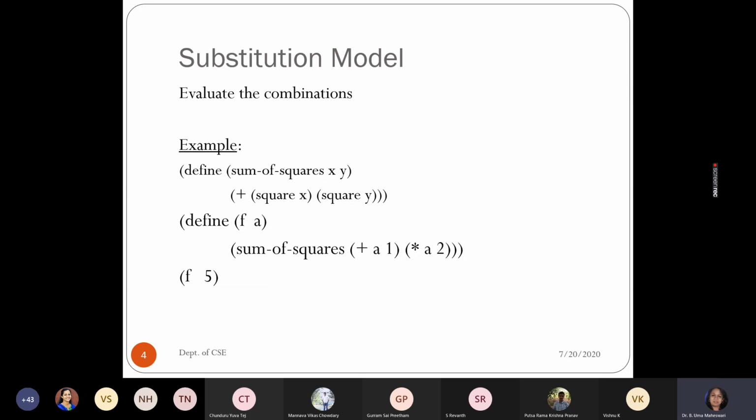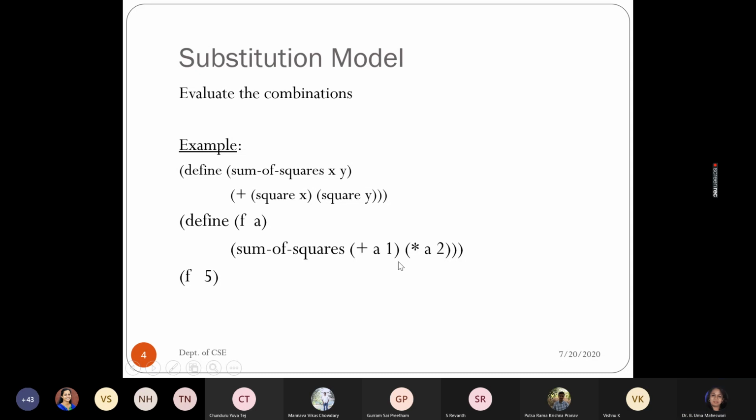Any guesses? What is the first step? You are calling f of 5. What happens next? 5 is substituted for a, so sum of squares of 5 plus 1 and 5 times 2. It is substituted, and after substituting, what will happen?